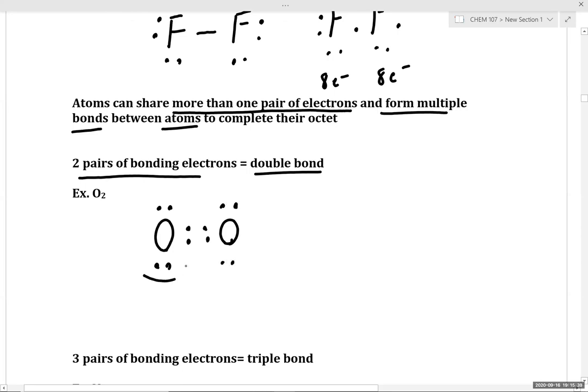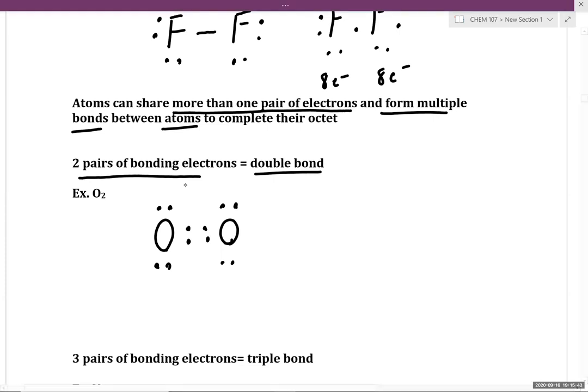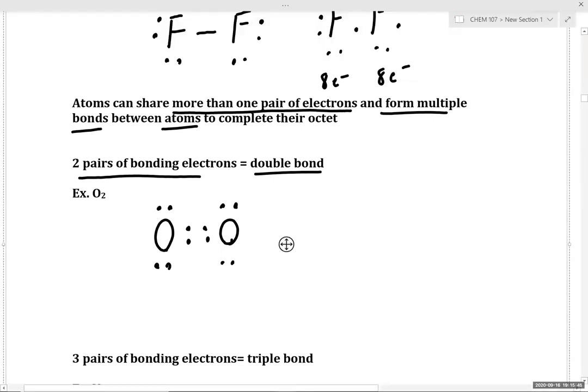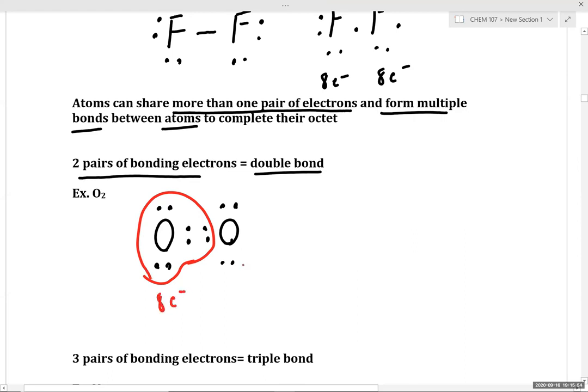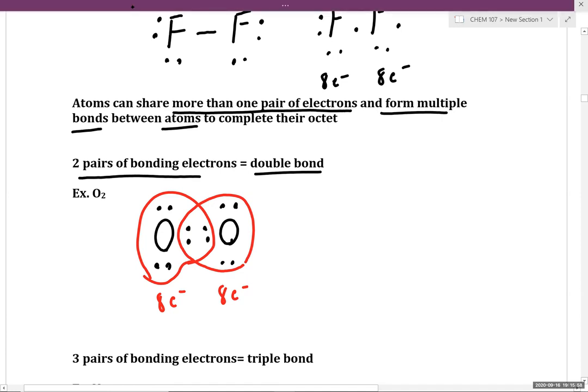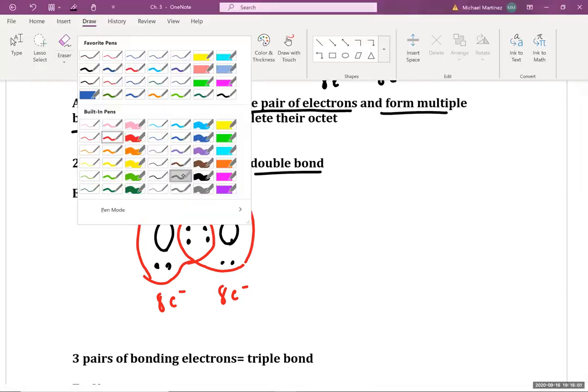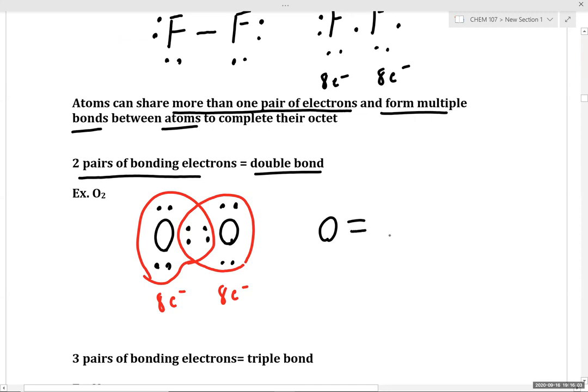So then each oxygen atom has a total of 8 electrons to its name. We can also represent our double bond using a set of 2 lines. So as you can see, atoms can share.